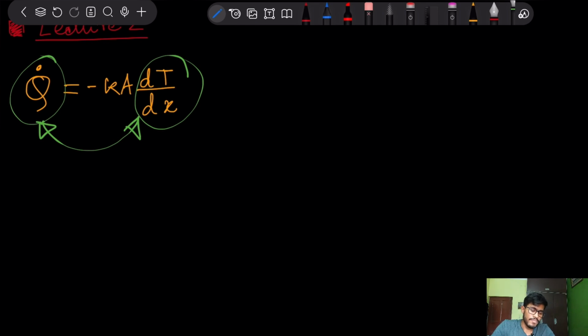And if I am not wrong, you have taken a small elemental volume like this, or not even a volume, just a small elemental strip like this, maybe dx, at a distance x.